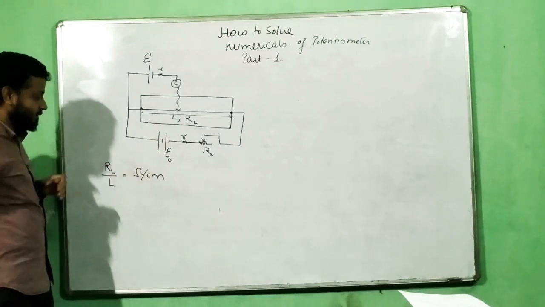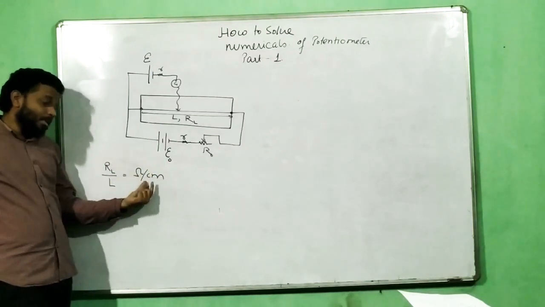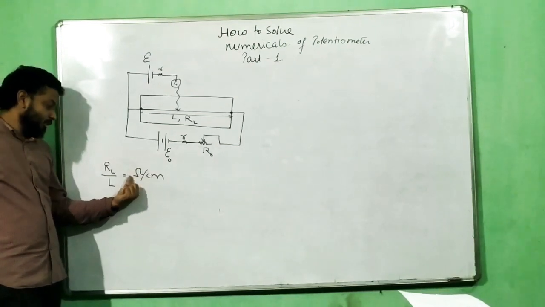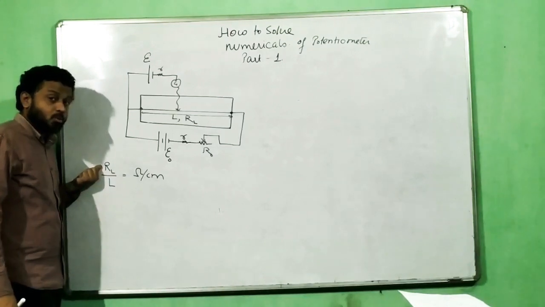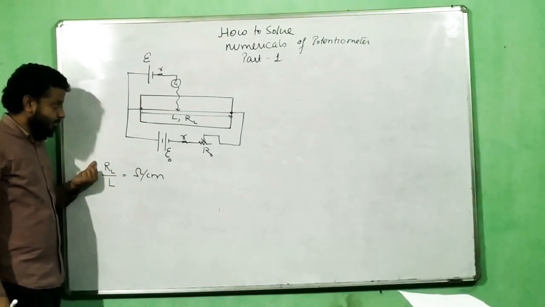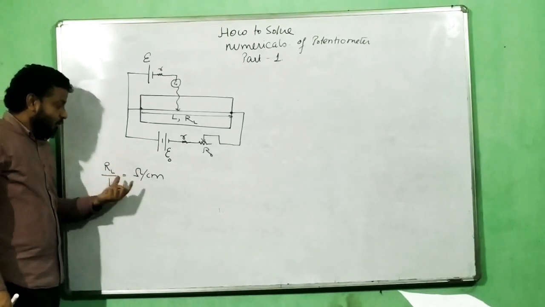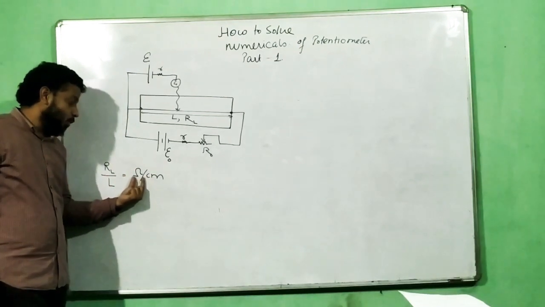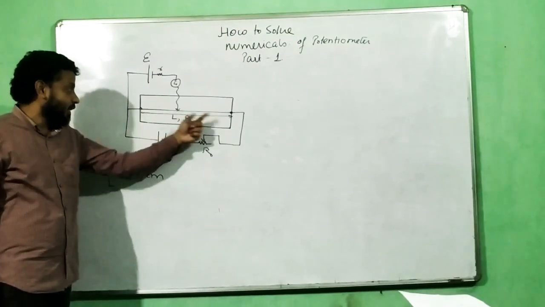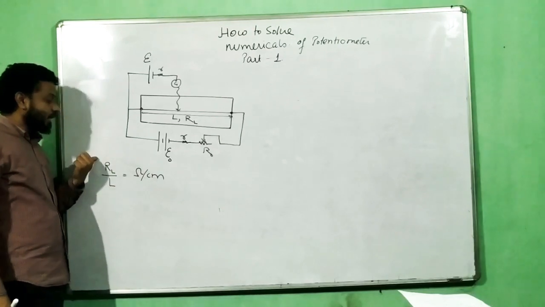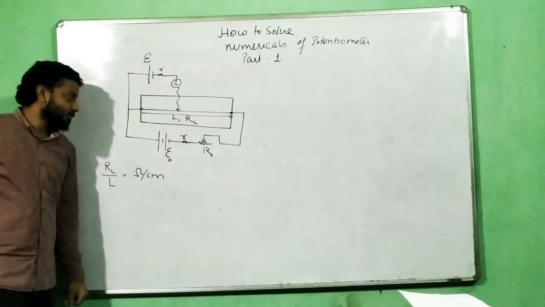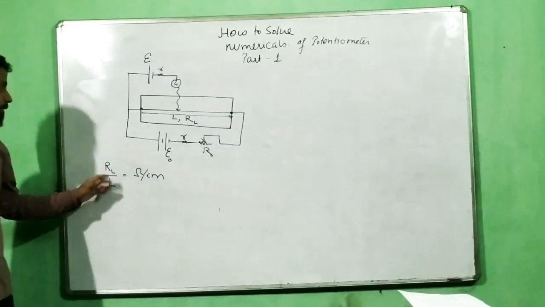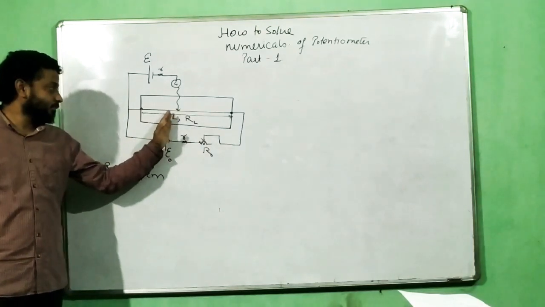Now why am I saying this? If ohm per centimeter is given to you, still you can find the total resistance of the potentiometer wire. So sometimes the question tells you the ohm per centimeter of this wire and the length so that you can find RL. Or sometimes they will give you the total RL directly. Or sometimes they will give you the value of length.